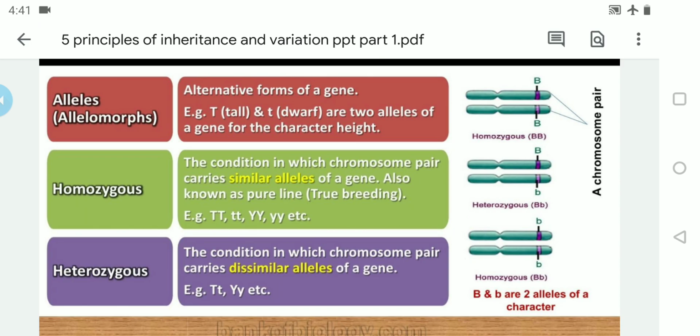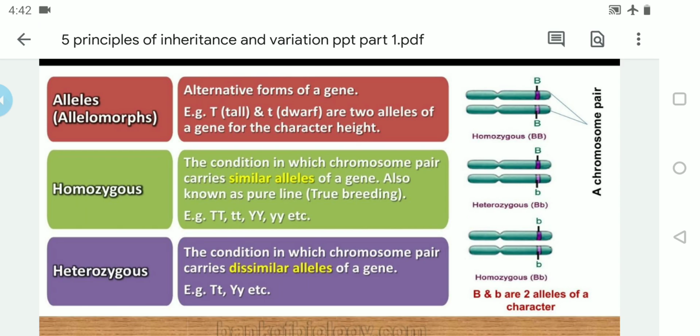Then heterozygous, the condition in which a chromosome pair carries dissimilar alleles of a gene. Both are present but they are different: two different alleles, for example capital T, small t.